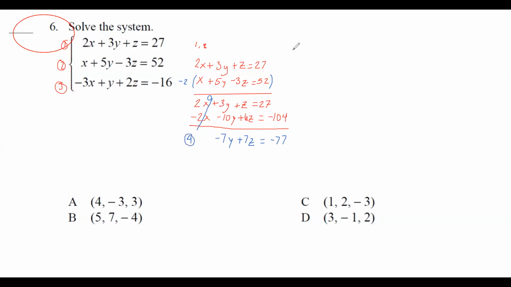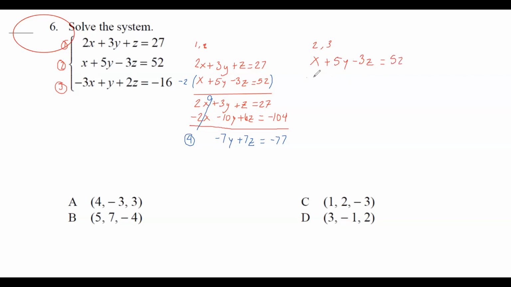All right. Now I have to do another combination of equations. I picked 1 and 2. I either have to do 1 and 3 or 2 and 3. Which ones do you guys want to do? 2 and 3, since we have to eliminate the same variable? Yeah. Okay. So let's do 2 and 3. Number 2 is x plus 5y minus 3z equals 52.